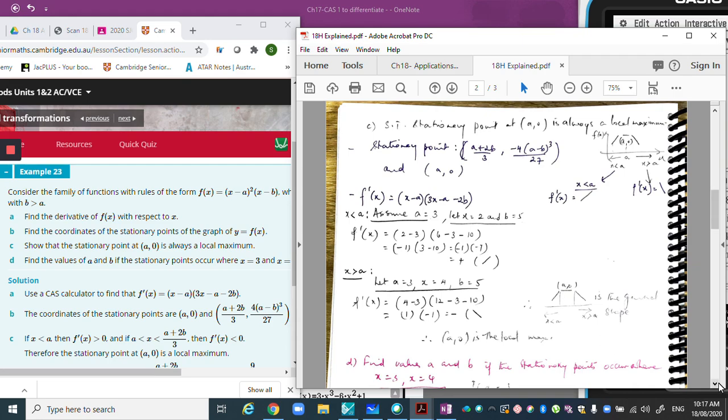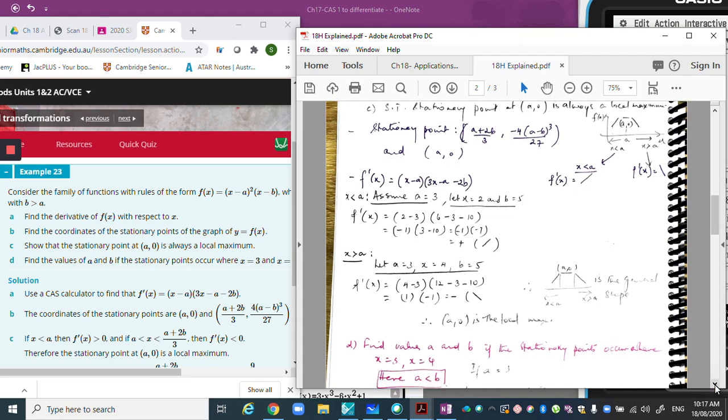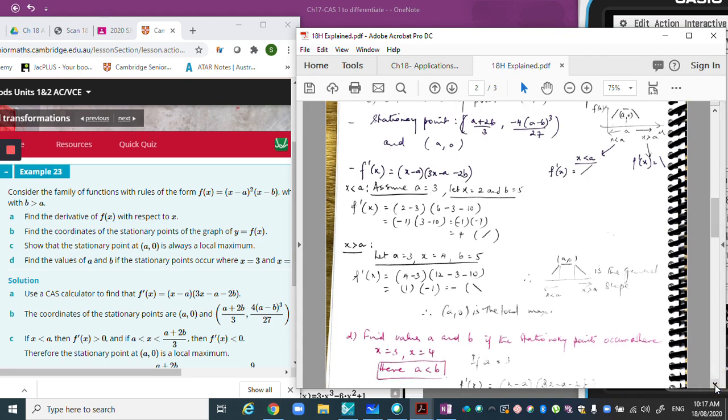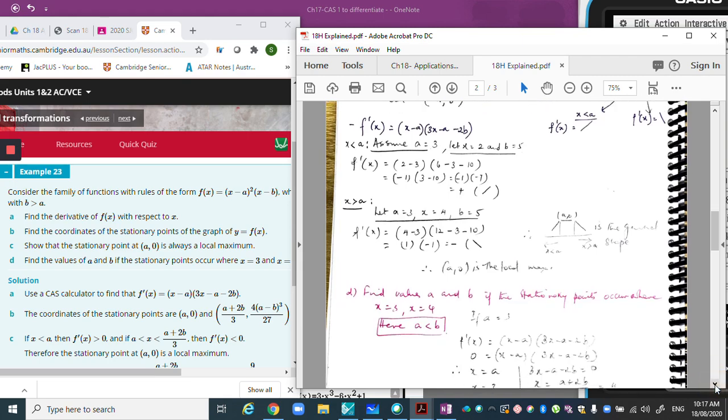All right, now let's look at the next question. Find the values of a and b if the stationary points occur where x is equal to 3 and x is equal to 4. So let me find the values.